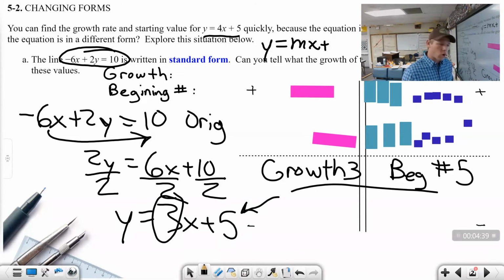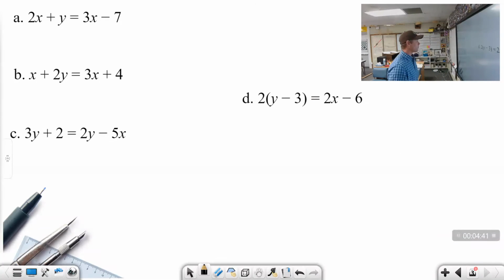Okay? Now, your goal for today is to take these equations and turn them into y equals mx plus b form. I know it's challenging. Some of them are one step, a side-side flip. Some of them are two-step, side-side flip and a regroup. This one is going to be a side flip, and then you're done.